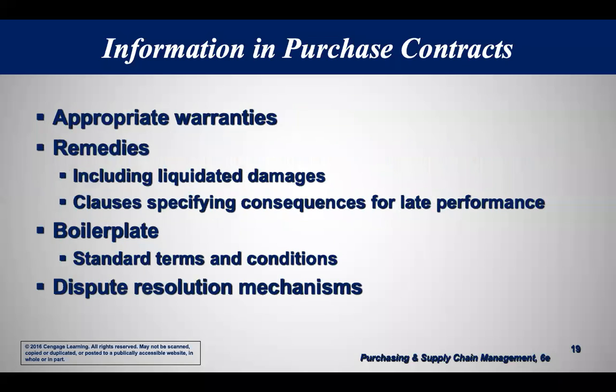Warranties, we all know what those are. Remedies, liquidated damages. What happens if things go wrong? Clauses specifying consequences for late performance, damages, and of course here is where you would put bonuses in. Most people don't at all. But what happens if there's early performance? Could you as a buyer put in a bonus if the supplier does better than they're required to do?